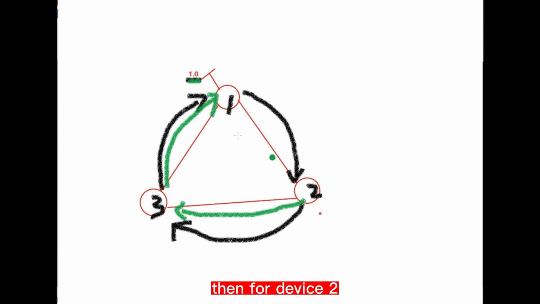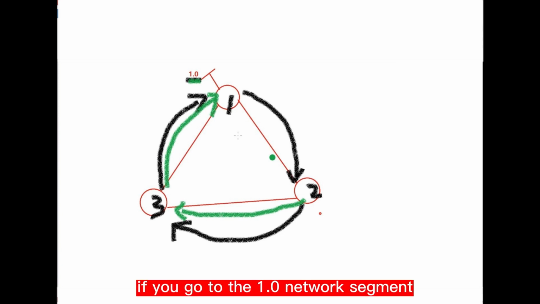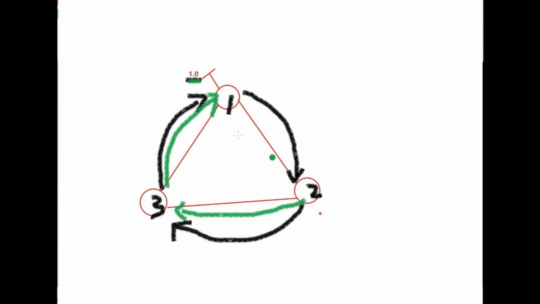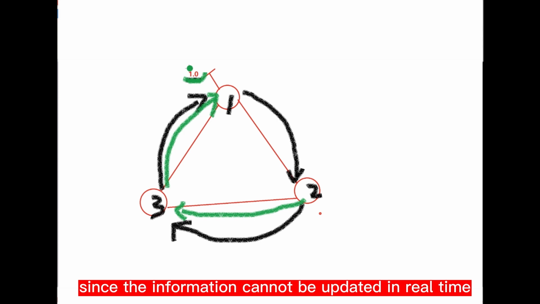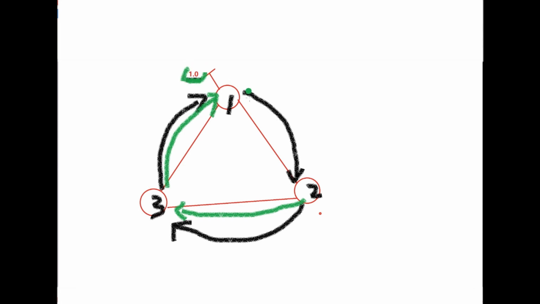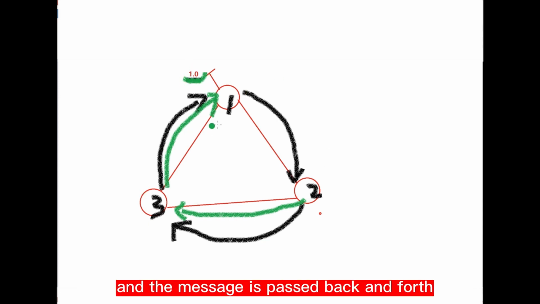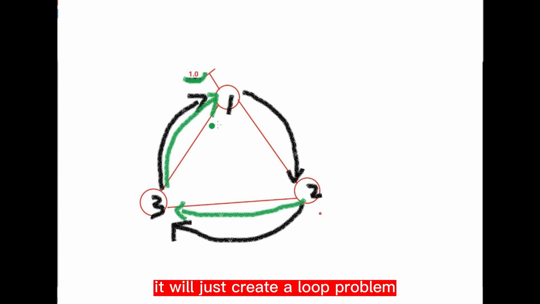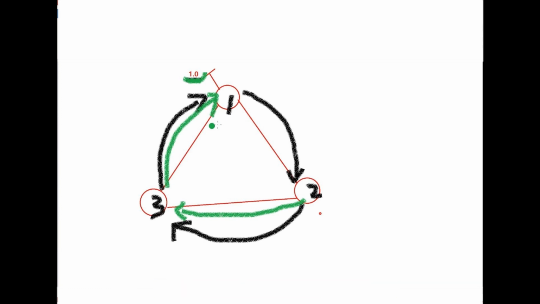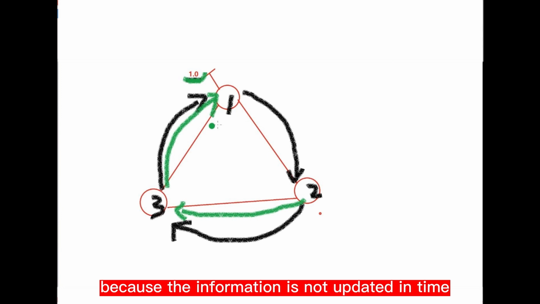Then, for device 2, in the future, if you go to the 1.0 network segment, you will find device 1, because that's what device 1 gave it. Since the information cannot be updated in real time, and the message is passed back and forth in the whole environment, it will create a loop problem, because the information is not updated in time. This problem is solved by split horizon.